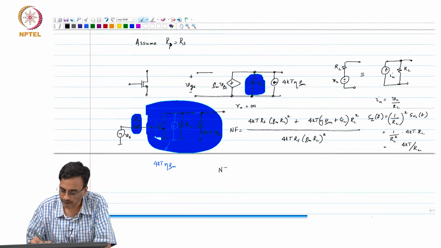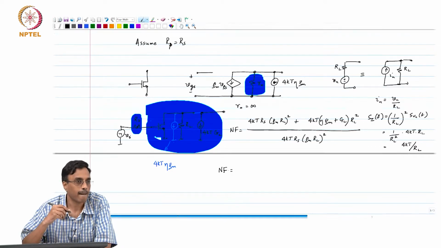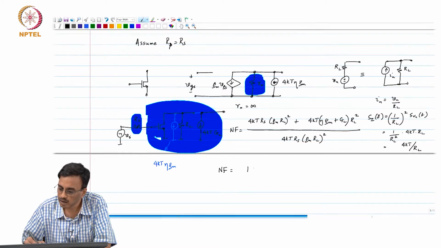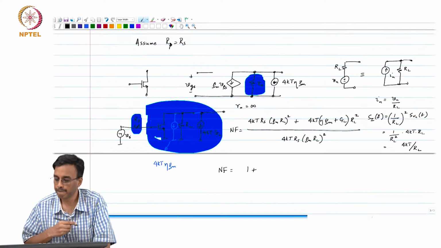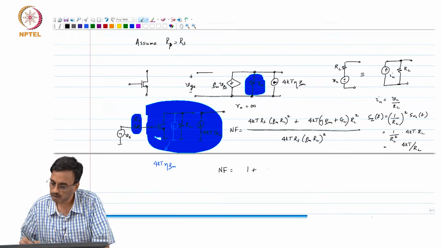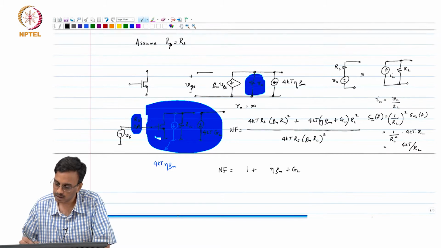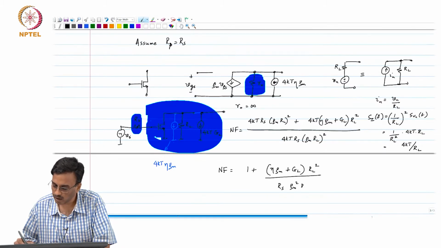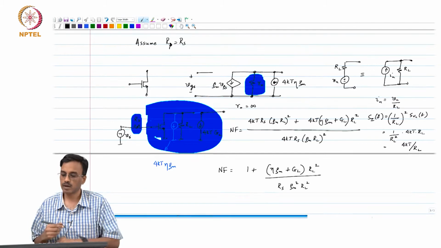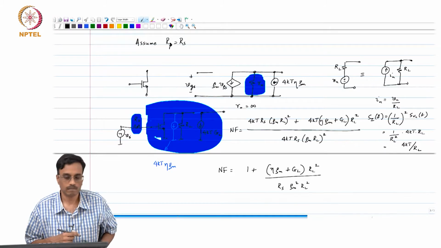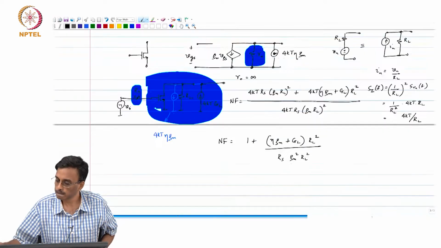And therefore, the noise factor is 1 plus η(GM plus GL) RL squared divided by RS GM squared RL squared. Okay.